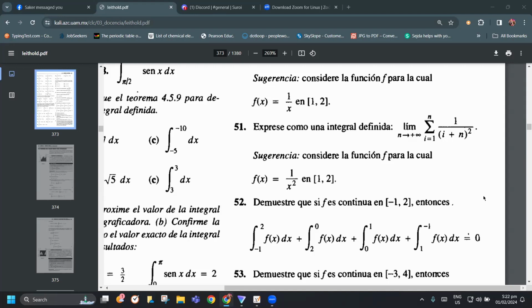Express the definite integral. Express po muna natin. So, dapat n po sa numerator. Hmm. Okay, so, that can't be good.